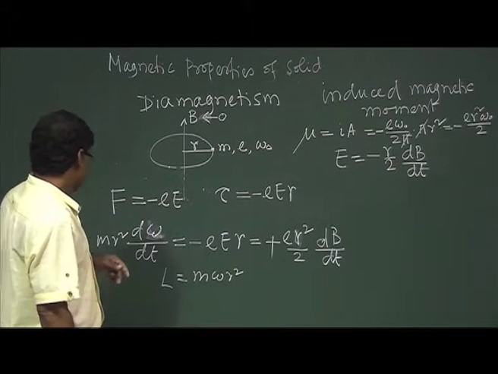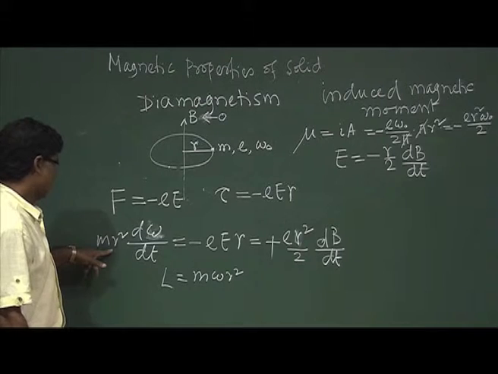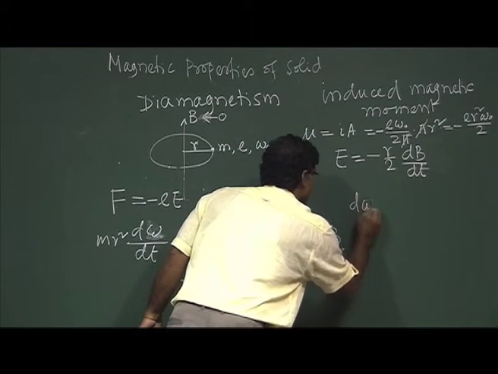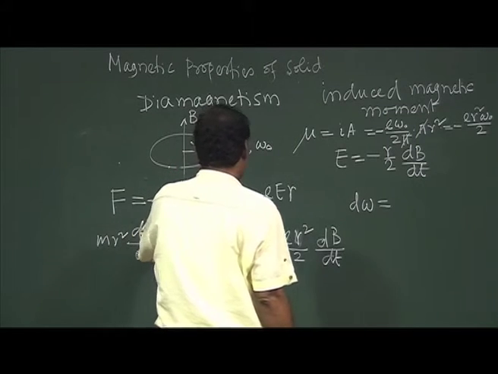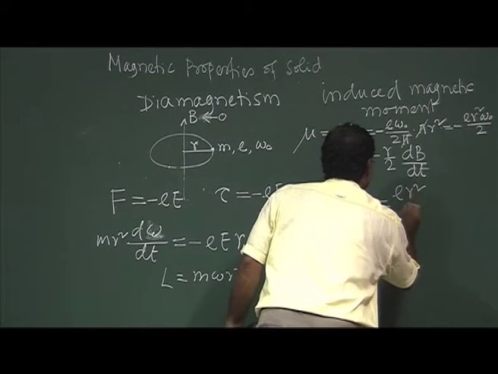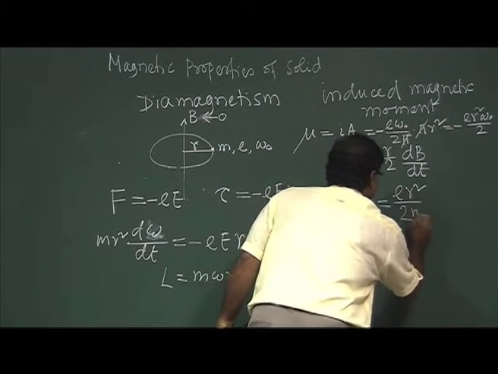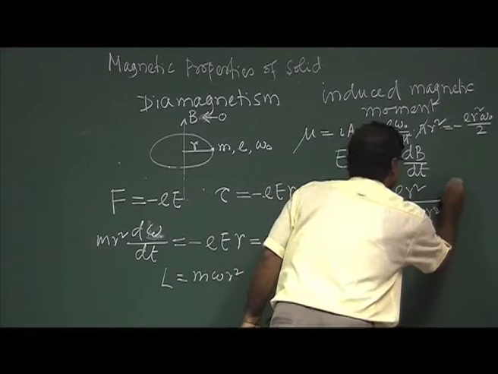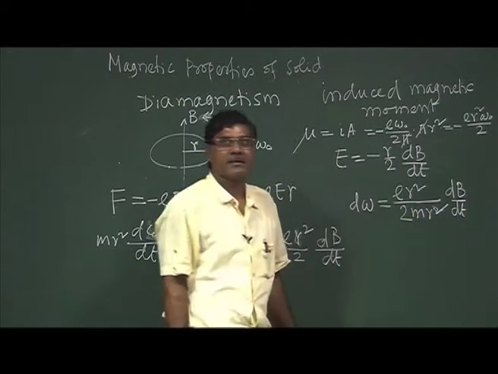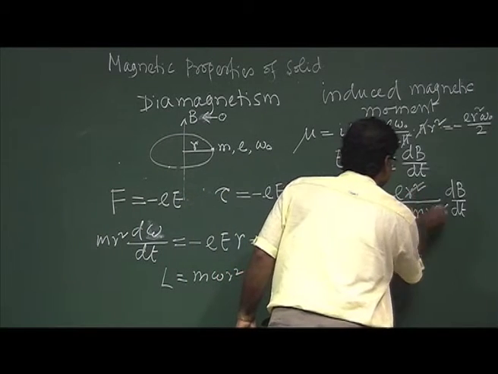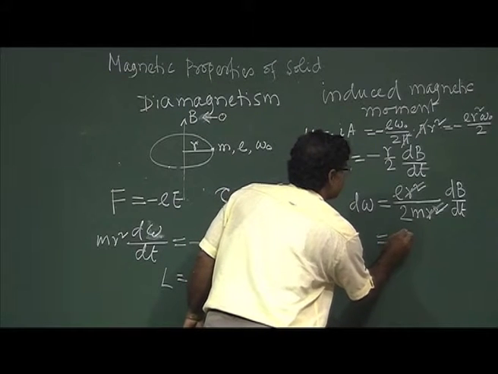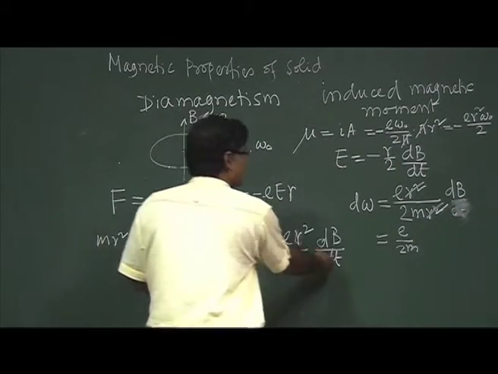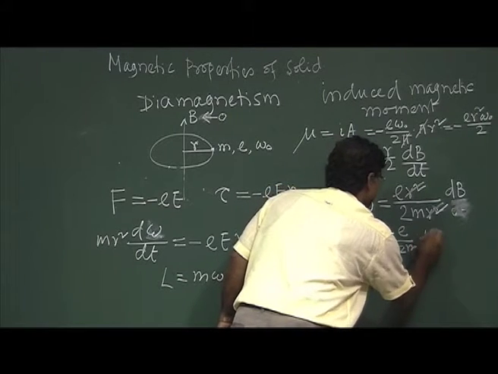So d omega equals e r square by 2 dB by m r square, and r square will go, giving e by 2m dB.